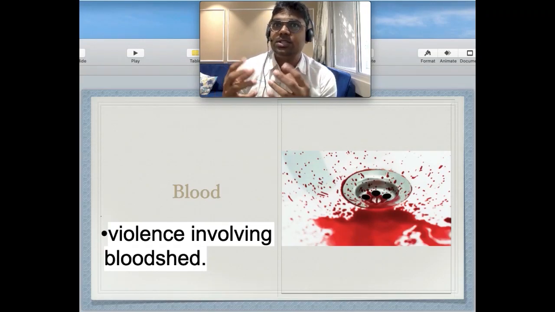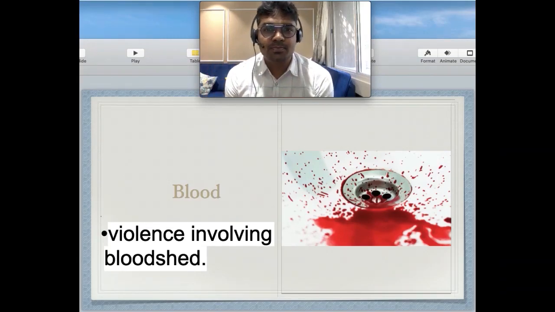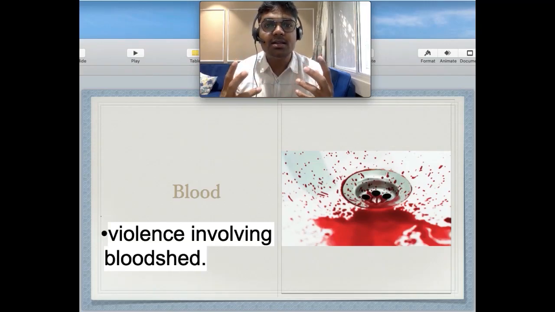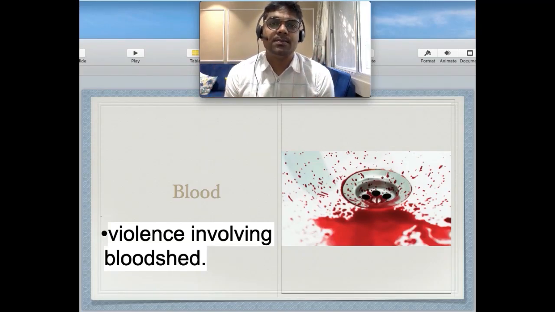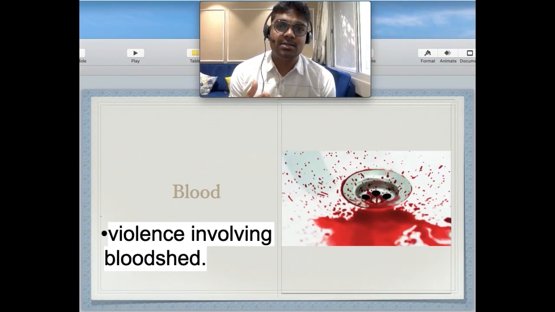When you see bloodshed, when you see somebody losing blood, either due to an injury or a surgery or some kind of violence happening and someone bleeding, this patient cannot tolerate that. That's why it's not just blood that is written there. Blood and knife, they cannot look at blood or knife, so it is bloodshed, something that has to do with violence.